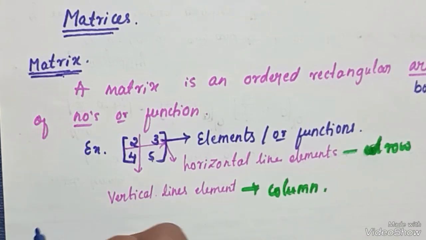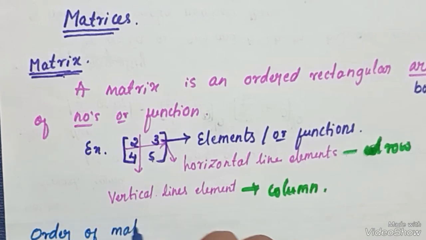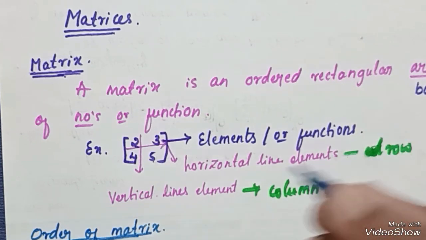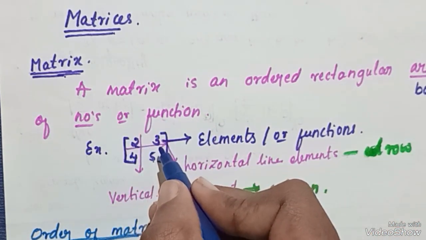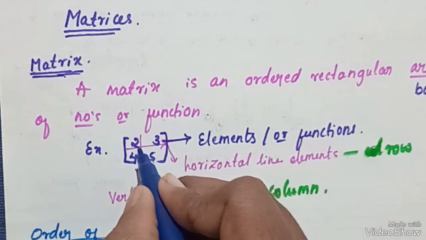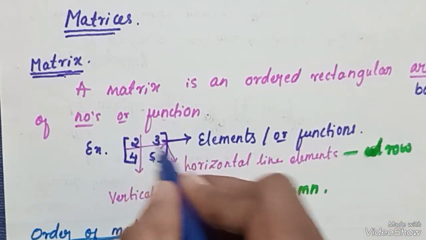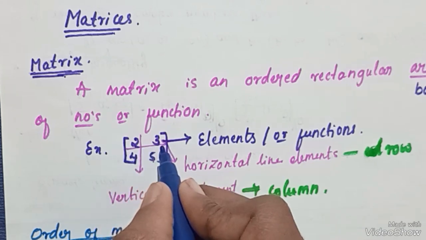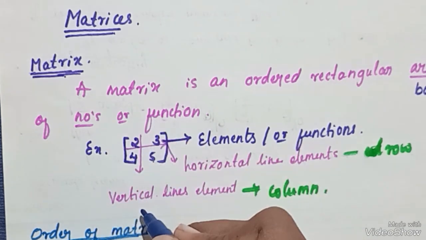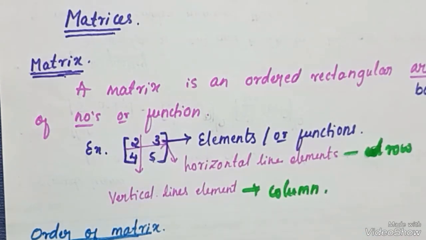Now the next concept is the order of the matrix. The numbers expressed in a rectangular box are known as a matrix. Here the numbers are called the elements or functions. The horizontal line elements are called rows, and the vertical line elements are called columns.